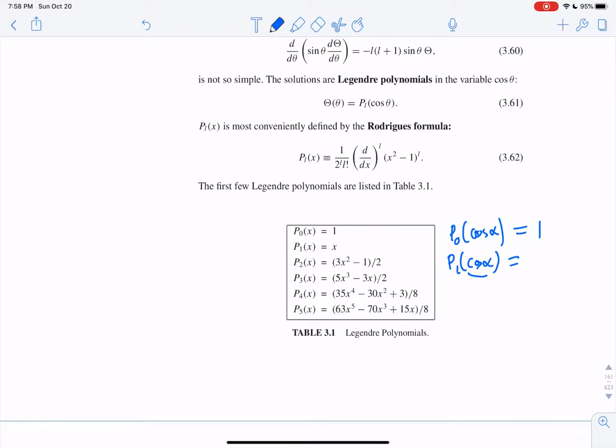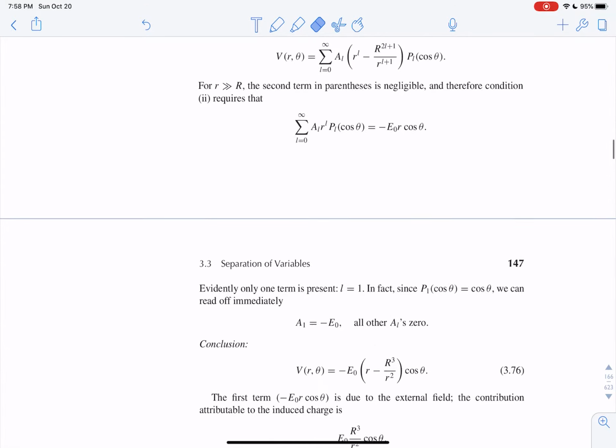We call this whole thing the argument, so we get cosine of alpha here. And then P2 of cosine alpha is equal to 3 cosine squared alpha minus 1 over 2, and so on. That's where those values come from when we were talking about them a bit ago. So go back down to where we were.